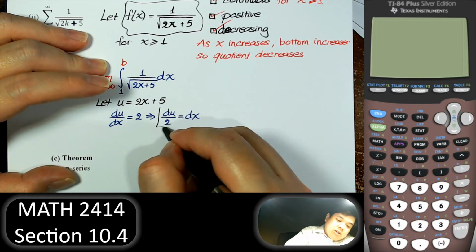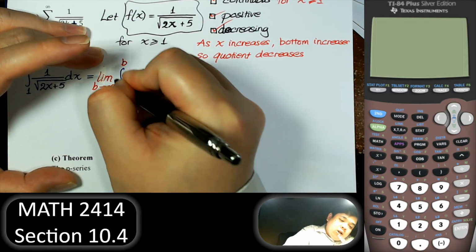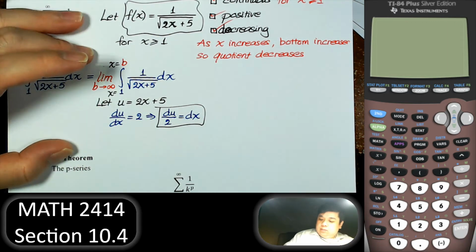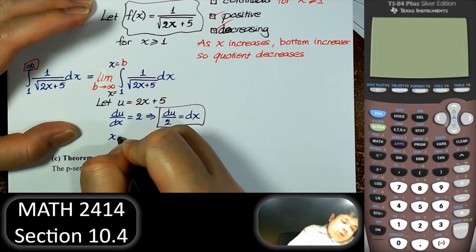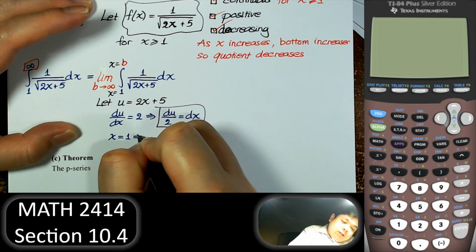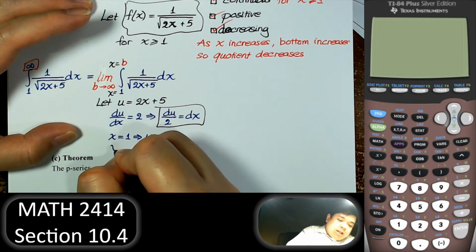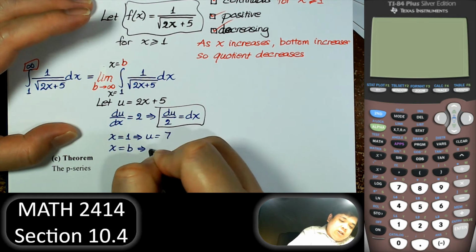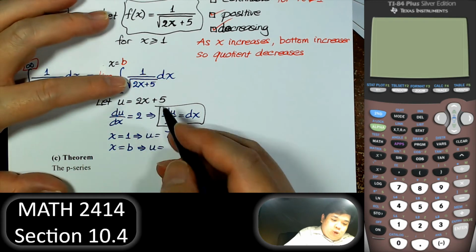Now the limits change from originally x equal to 1 to x equal to b. So x equal to 1, u is 2 times 1 plus 5, so it's 7. x equal to b, u is equal to 2b plus 5.